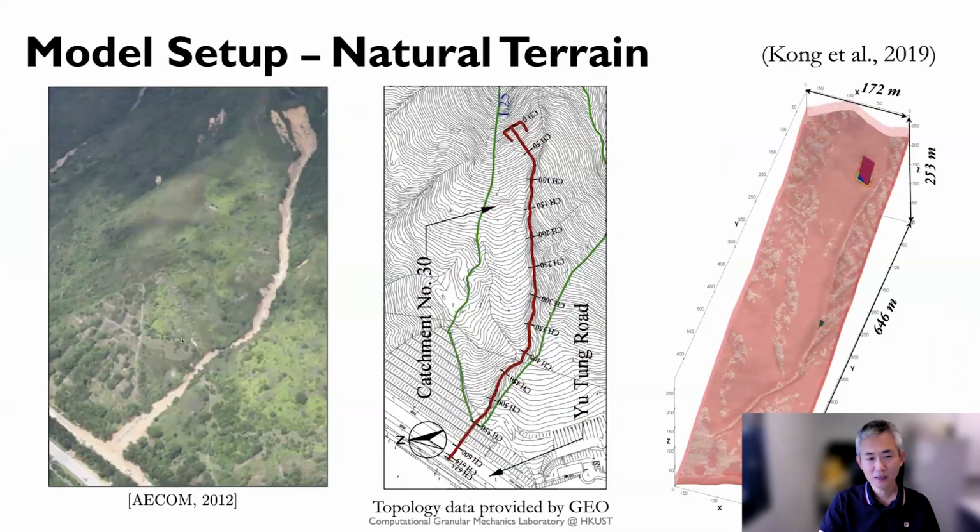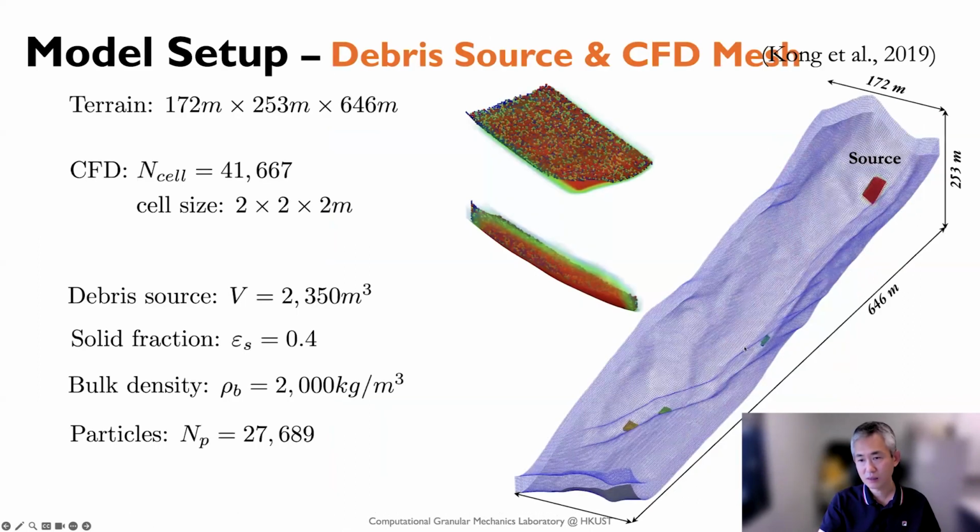And so this is the photo of that debris flow route here. We get this digital elevation model and measure the different parts here, and we further use the DEM to simulate a topographic boundary, and then we put a DEM packing at the source part, and this is going to be the mixture.